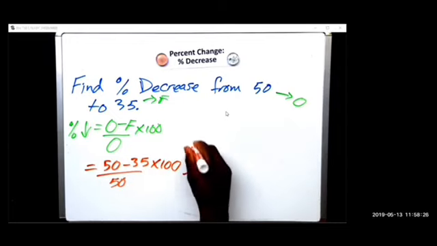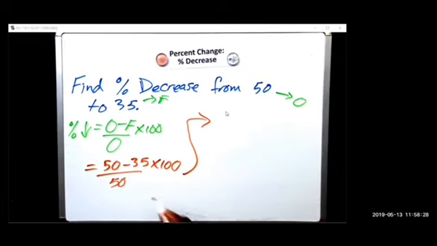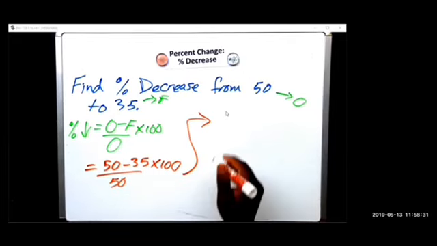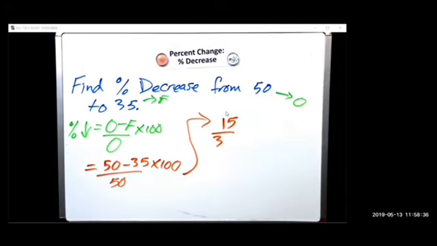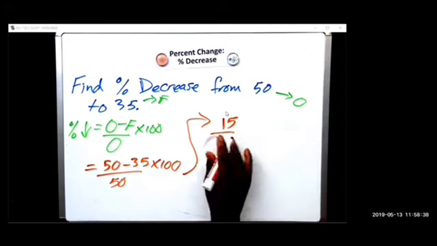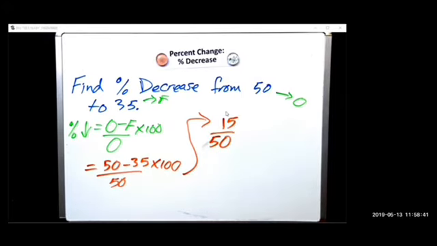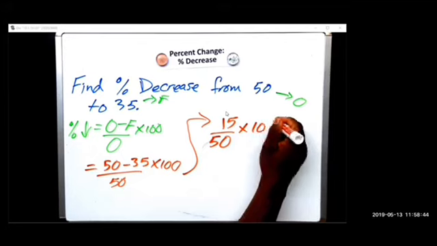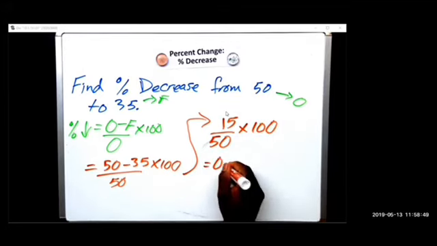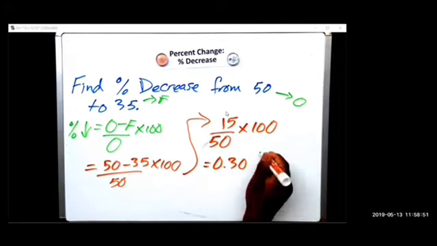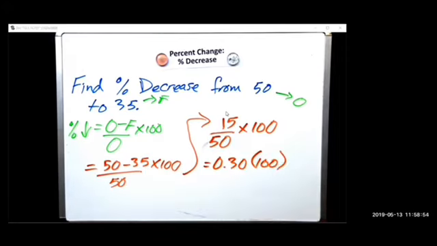So then our next step is to take care of what's in the numerator. 50 minus 35 is 15 over 50. Times 100. 15 divided by 50 is going to get you 0.30 times 100. Multiplying 0.3 or 0.30, it doesn't matter, times 100, you're going to get 30.